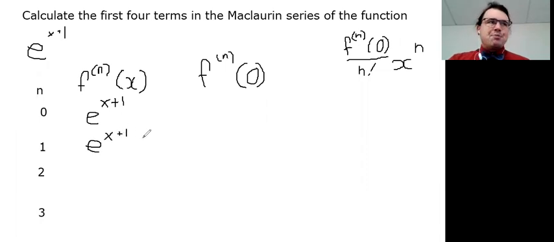And the chain rule tells me that because my exponent is the function x plus 1, I need to multiply by the derivative of x plus 1, which is just 1. Well, that was going to tell me that the derivative of this function e to the power x plus 1 is itself. Multiplying by 1 didn't really change anything.